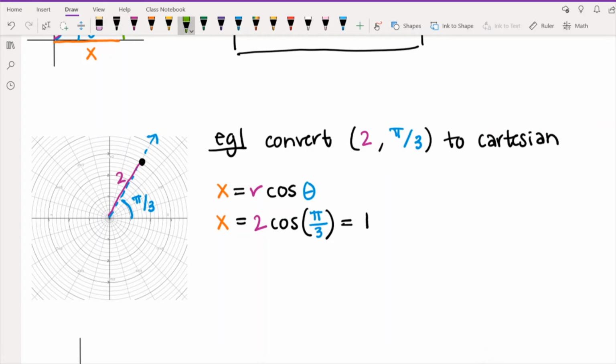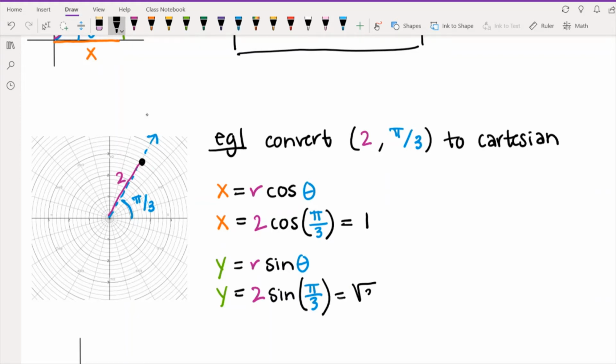And then to find the y coordinate, we say y is equal to r times sine of theta. And so that would give us y is equal to 2 times sine of pi over 3. And sine of pi over 3 is square root of 3 over 2. And so we would get 2 times square root of 3 over 2, so that is just square root of 3. And so the x and y coordinates would be 1, square root of 3.